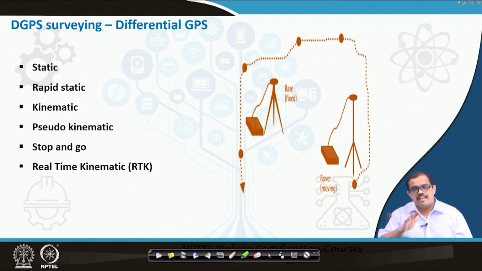We have looked at static and rapid static. We will look at kinematic, pseudo kinematic, stop and go, and real time kinematic also. These are different kinds of DGPS systems, and all of them are useful for certain applications.